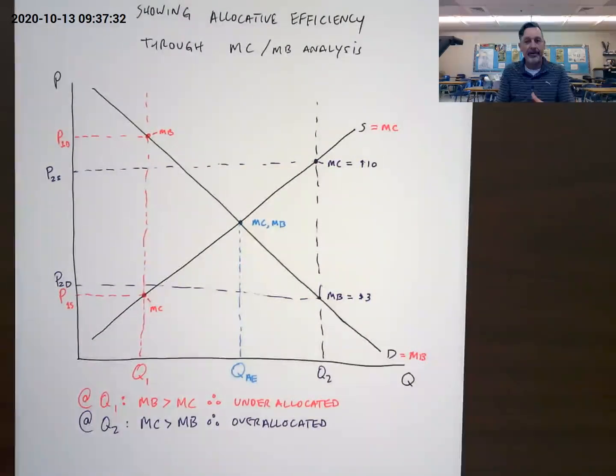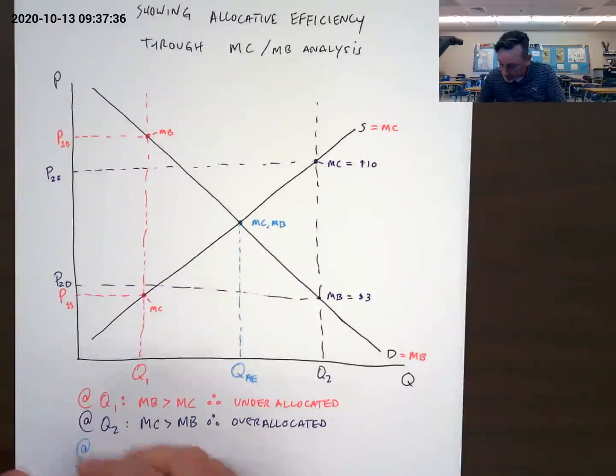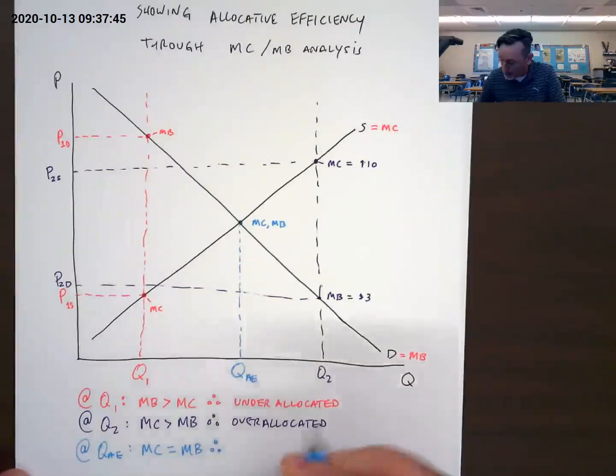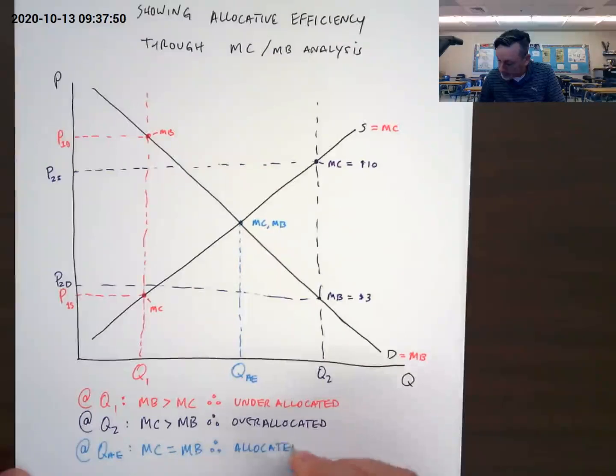And that is how we know that we have reached allocative efficiency. So at QAE, marginal cost equals marginal benefit, and therefore we are allocated efficiently.